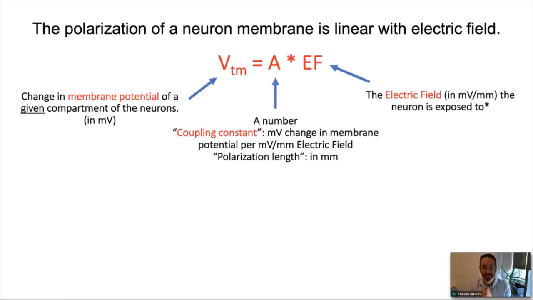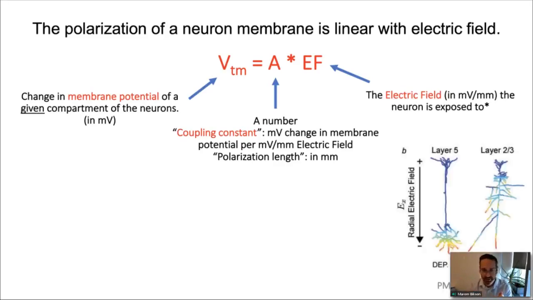Typically that constant is on the scale of about 0.1 for most neuronal structures. So when a neuron is exposed to an electric field, it will polarize in a way that we think could be approximated by a constant.